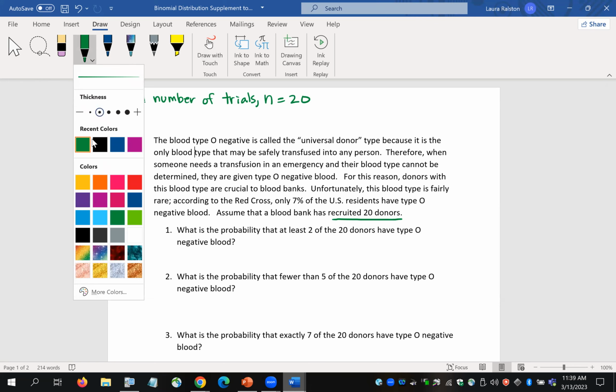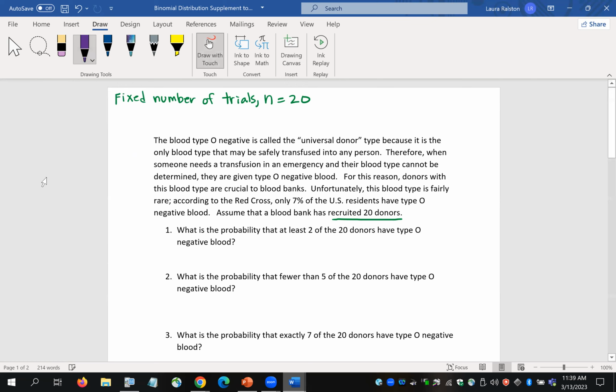The biggest thing to be sure that you have when you're thinking about the binomial is, do you have two outcomes? And again, this is one that might be kind of weird to think about, because basically we're saying that they have O negative blood or they do not have it.